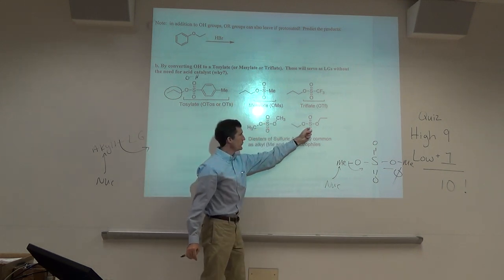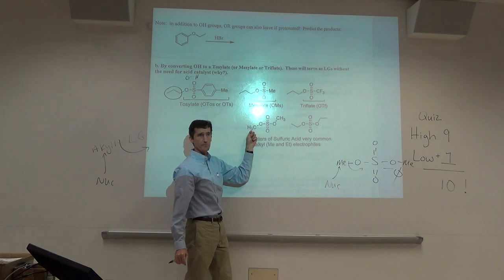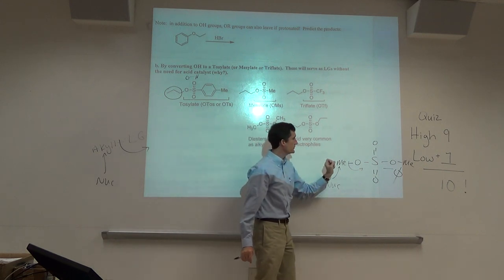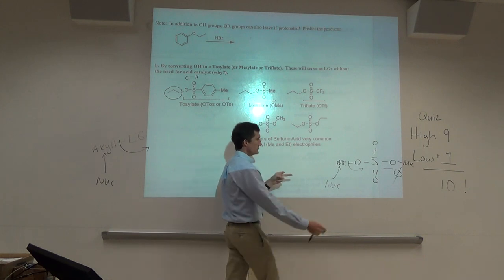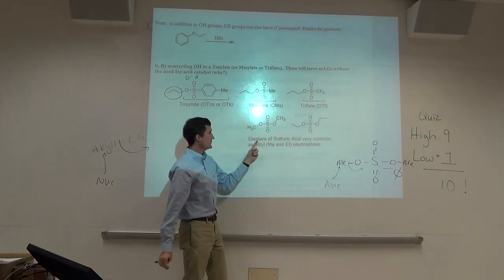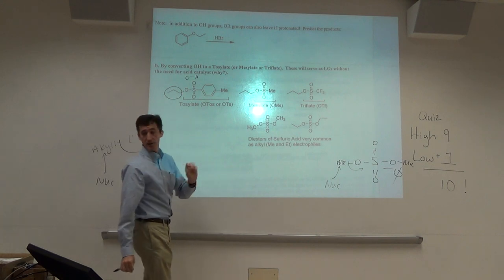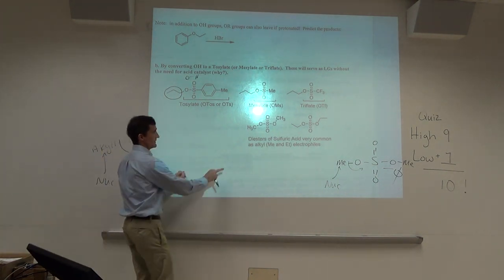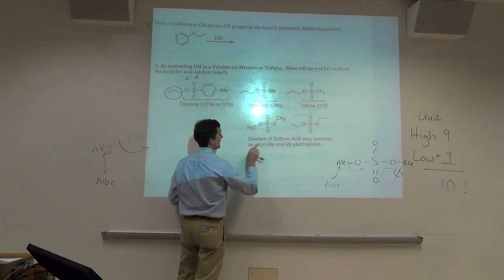The reason that these are pointed out is because they're very cheap. Dimethyl sulfate, they're very cheap because they come from, what if these were H's on the end? What would this be? Sulfuric acid. These are the diesters of sulfuric acid. Very cheap, very good alkyl electrophiles, supplying in this case, a methyl or an ethyl.